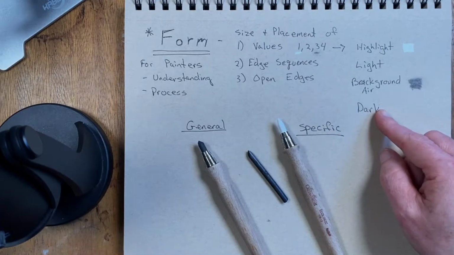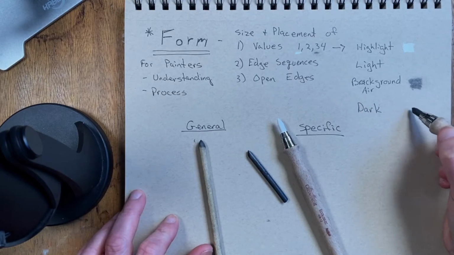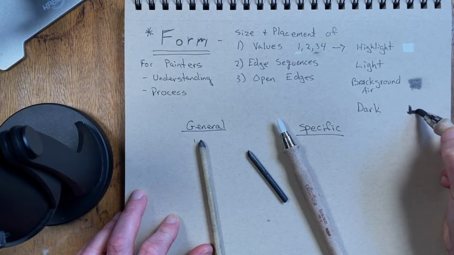And then we have our dark. So then instead of the vine charcoal, we have some regular charcoal, which is going to be darker.